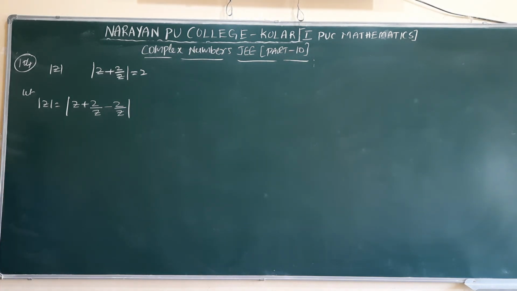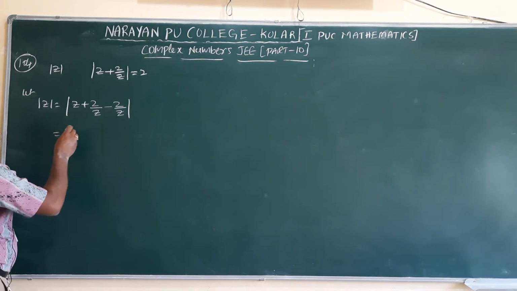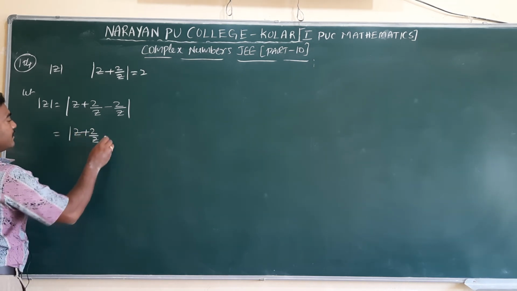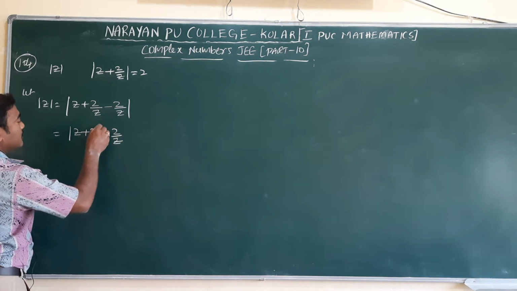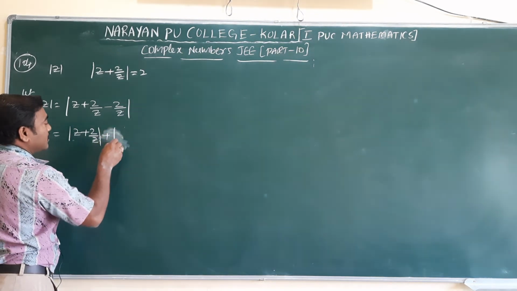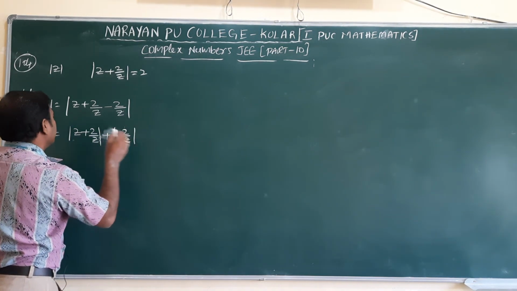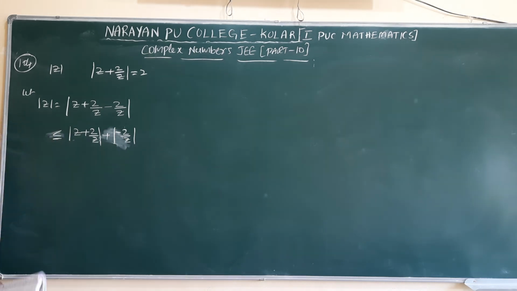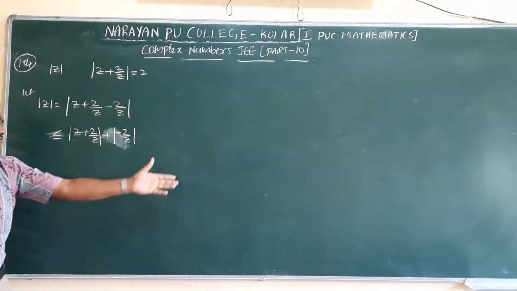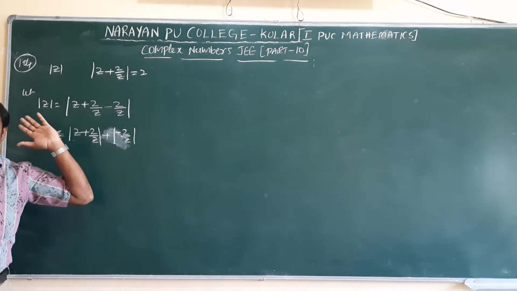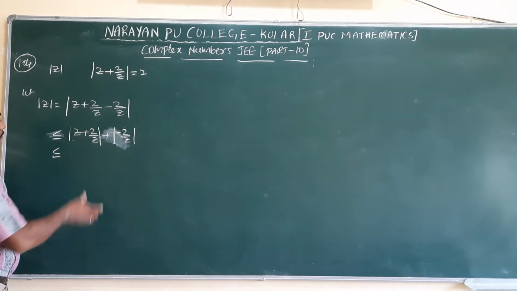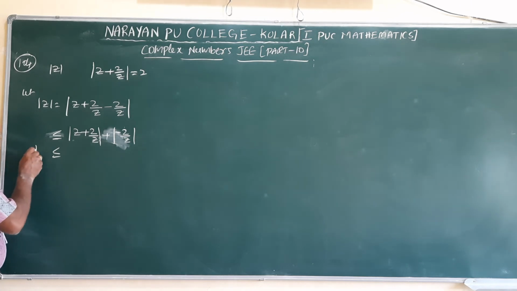Now it can be written as modulus of z plus 2 by z, modulus of 2 plus 2 by z plus modulus of 2 minus 2 by z. Here we use the condition: modulus of z1 minus z2 is less than or equal to modulus of z1 minus modulus of z2. So this is less than or equal to modulus of z plus 2 by z.